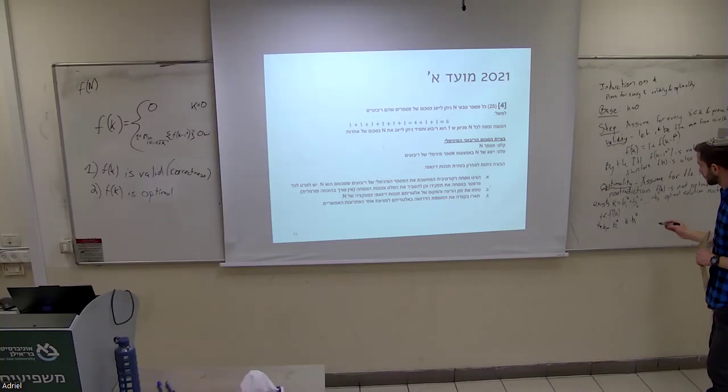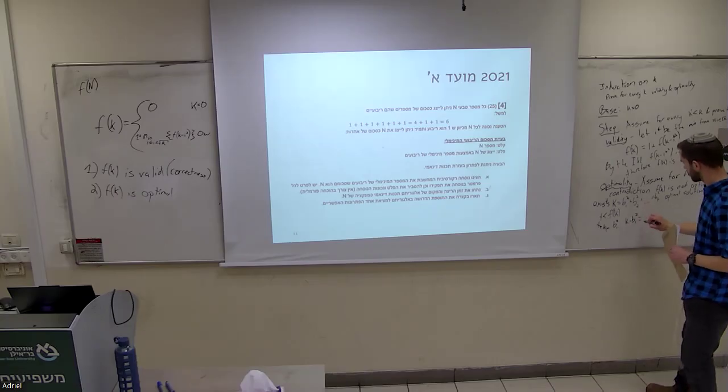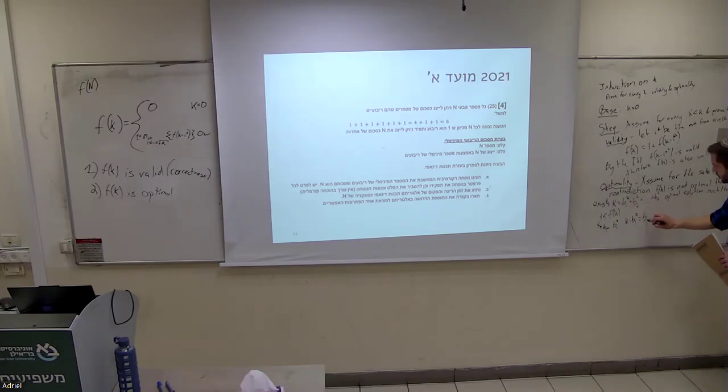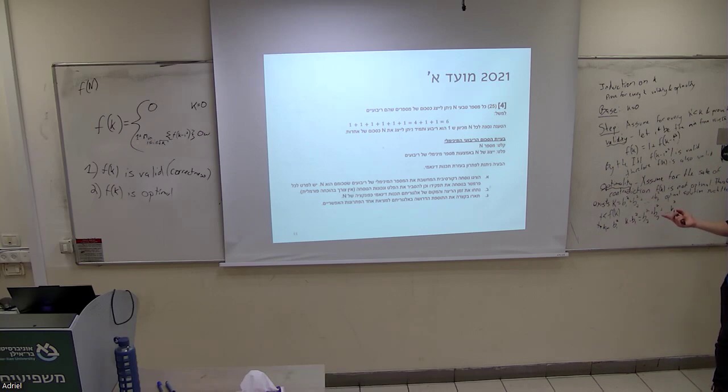So take this, k minus b1 squared is equal to b2 squared plus b3 squared plus ... plus bt squared. And what do we know about our algorithm? That if we call our algorithm on k minus b1 squared, by the induction hypothesis, it's optimal. Right?